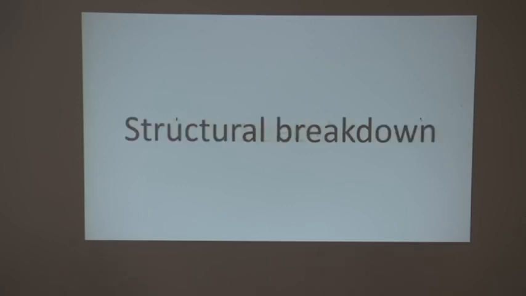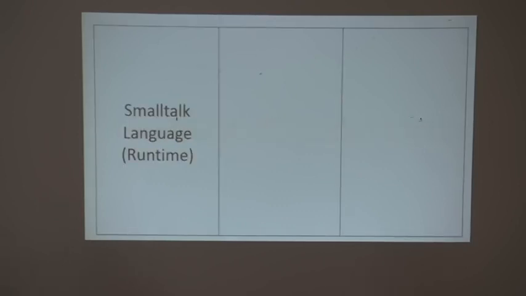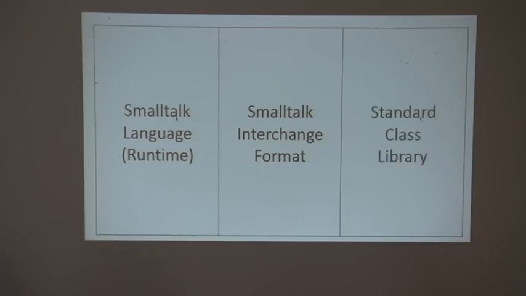Structural breakdown. Break it down structurally into areas you're going to work on. The Smalltalk part is the Smalltalk language, which I call the runtime. Then the Smalltalk interchange format, which is the file-in and file-out format, and the standard class library. These are the three things we need to implement to get a Smalltalk running.